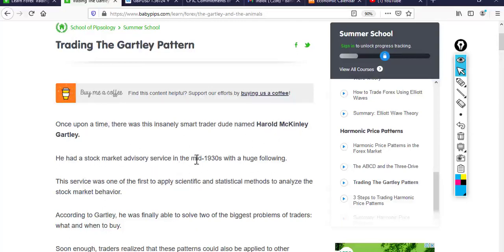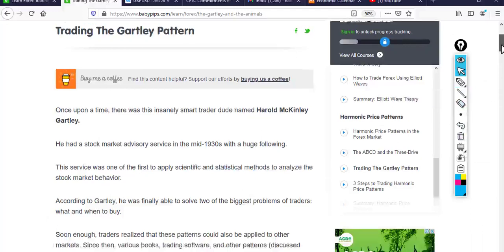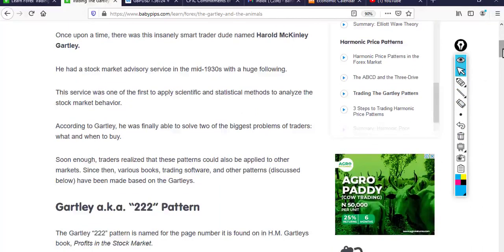In the 1930s, he attended a phenomenal seminar whereby scientific and statistical methods were applied in analyzing market behavior. Soon after that, Gartley came out with his own discovery, and according to him, he was able to finally solve the problems traders usually have, that is, when to enter the market, when to buy, and what to buy.